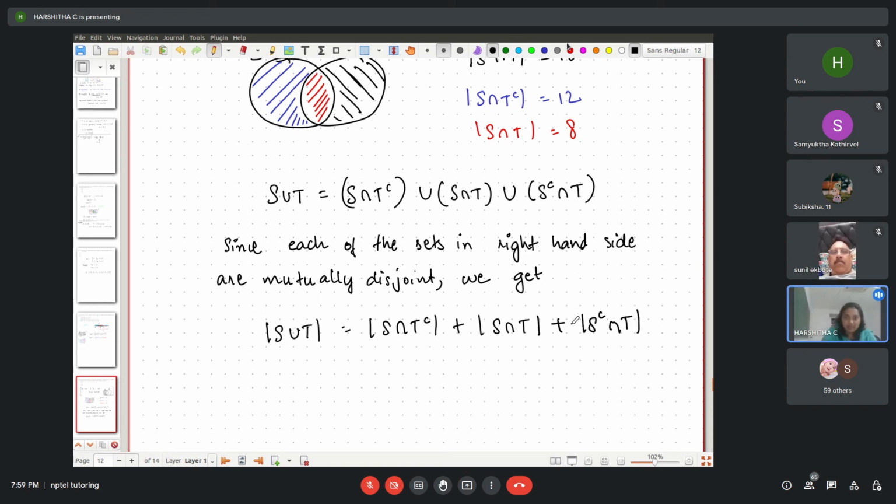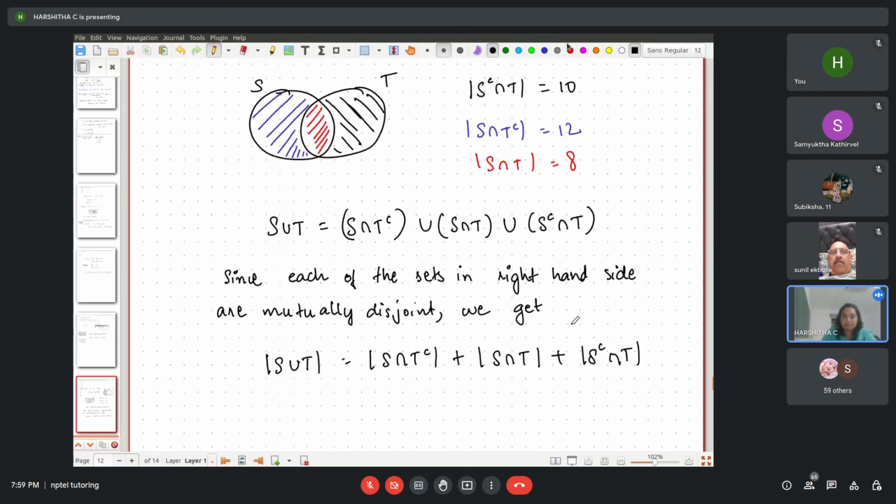Each of these numbers is given and you can just take the sum: 12 plus 8 plus 10.